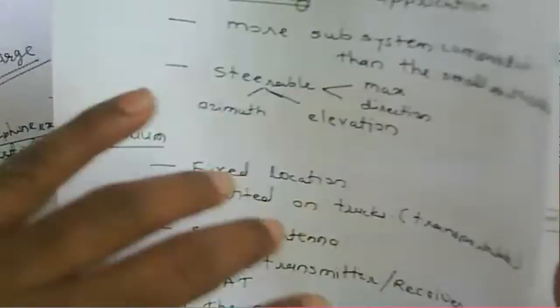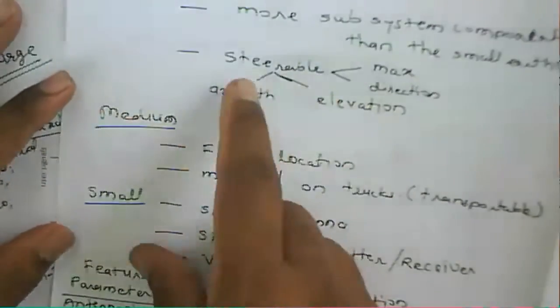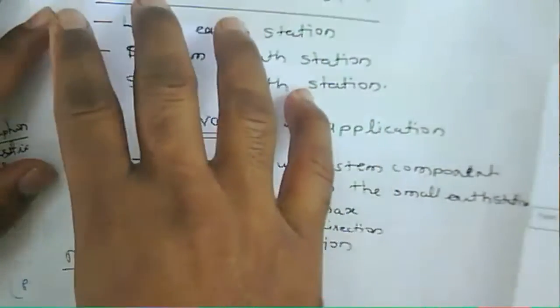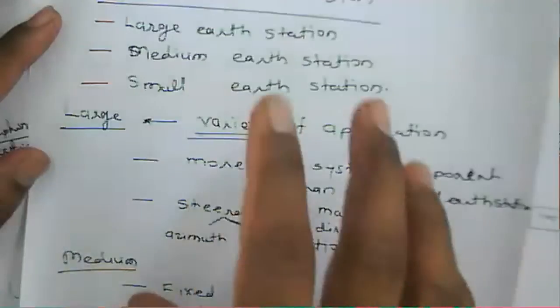Now we will talk about the various antenna systems, or the various types of antennas that are used in the earth station.